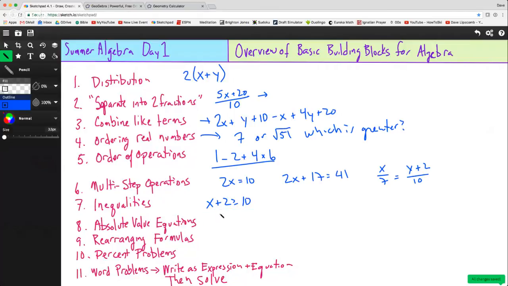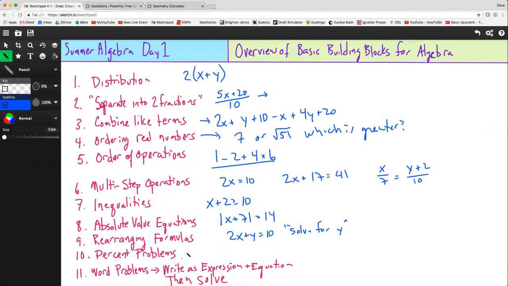Absolute value equations. The absolute value of x plus 7 equals 14. How do you solve these types of equations? Rearranging formulas will be like 2x plus y equals 10, and you'll say solve for y.